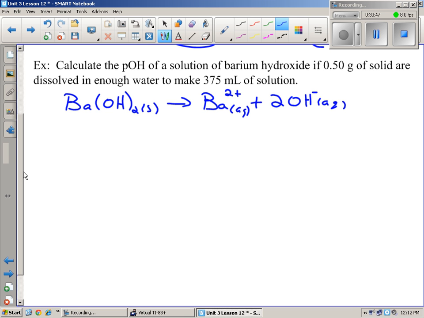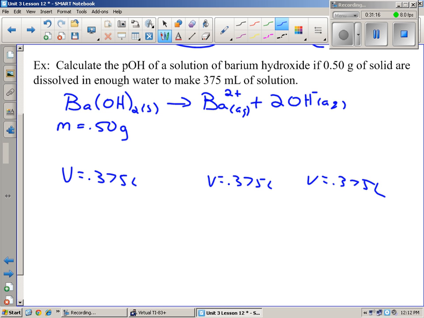But look at this equation. There's no pH. There's no hydronium ions in here. So I shouldn't be talking about hydronium ions at this particular point. I'm interested in the hydroxide ions. So once again, the 0.50 grams would go here. Where can I put 375? Anywhere you want. This is all taking place in the same beaker, if you wish.